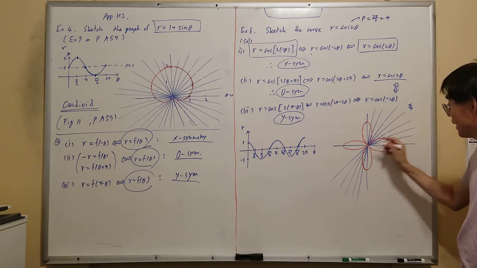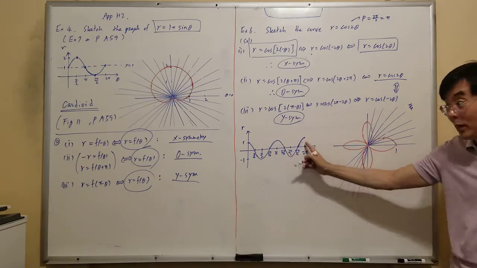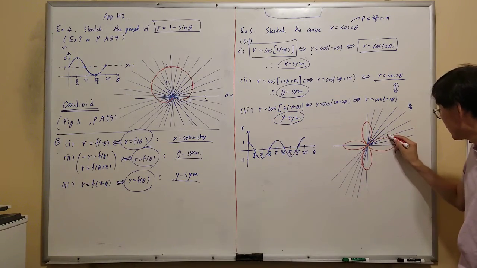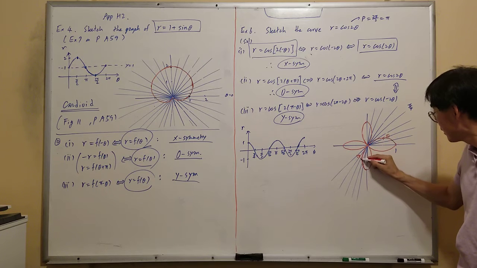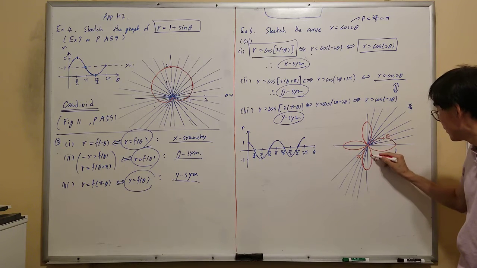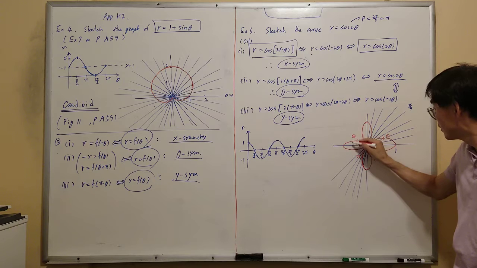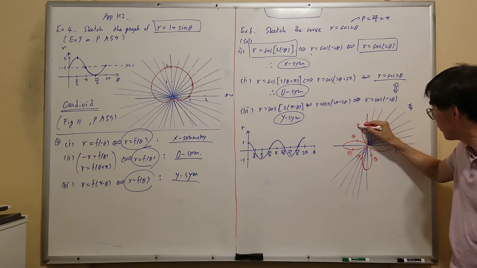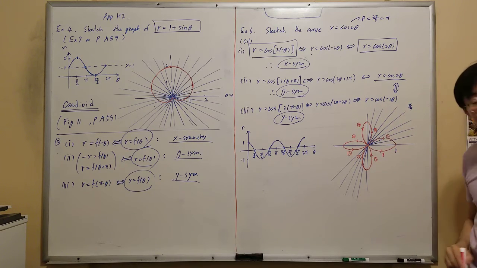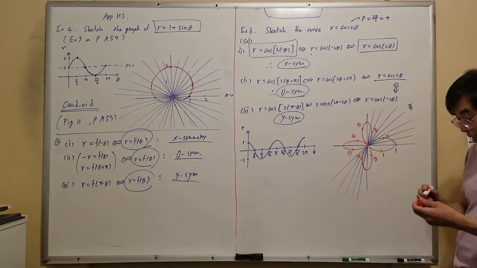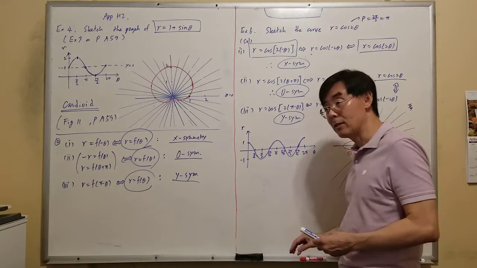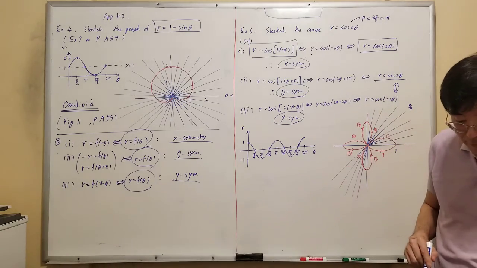If you trace all the way as we did in the previous example, you'll find this is first, second, third, fourth, fifth, sixth, 7, and 8. We're going to come back to this. It's like a 4-leaf clover, right? 4 petals.